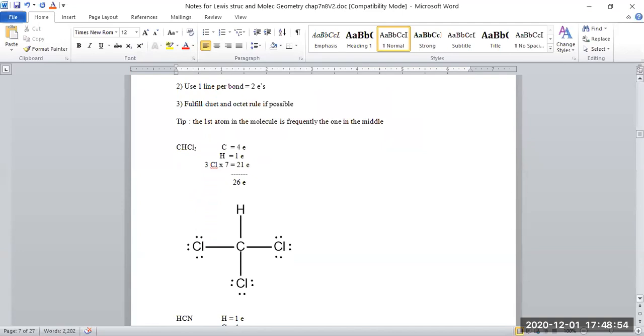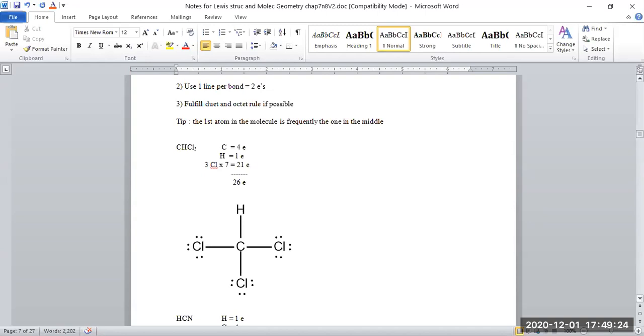So continuing onward with the guidelines. One line per bond. Fulfill your duet and octet rules if possible. And keep in mind that for most of the molecules that we will be seeing, the first element listed in the molecule is usually the one in the middle.